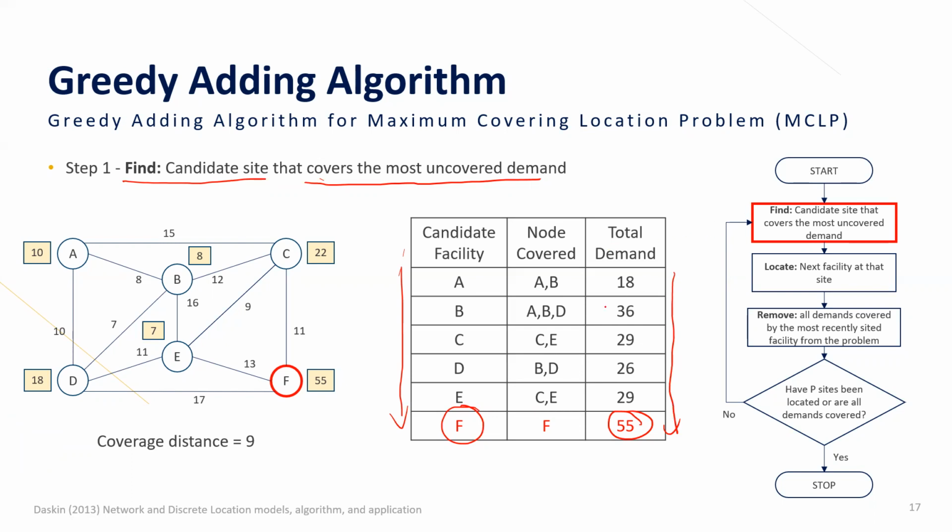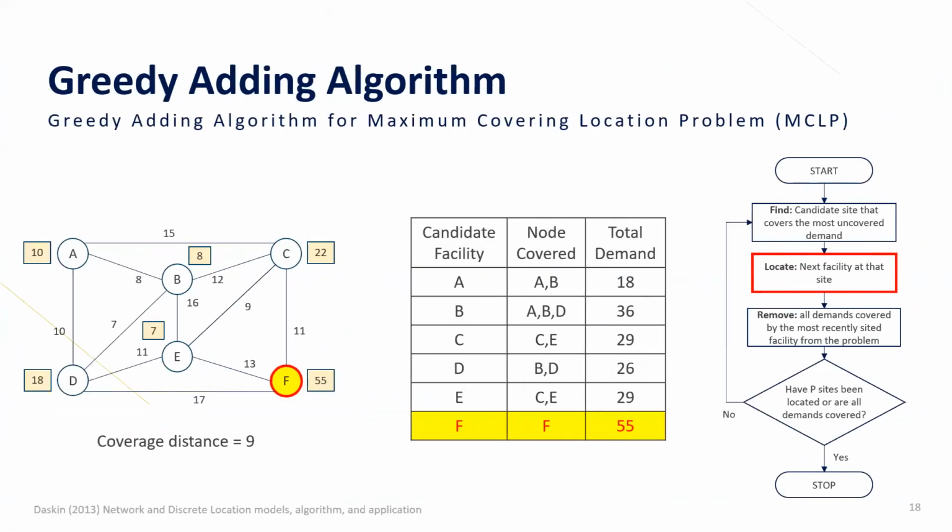So the first step is finding F. You find, among all, that F is the answer, and then you move to the next step. Okay, I know F is the best for the current iteration, so I decide to select or locate the facility at F. So I put a yellow highlight here, which means that F is open.